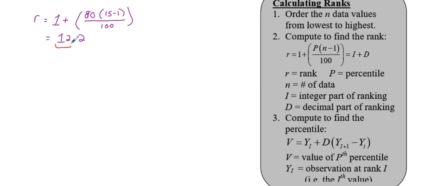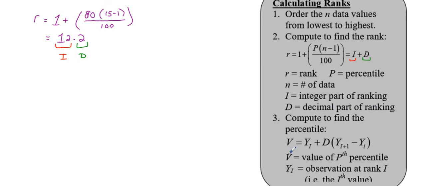The whole number here is the I. The decimal is called the D. So the I is the integer part of the ranking and the D is the decimal part of the ranking.